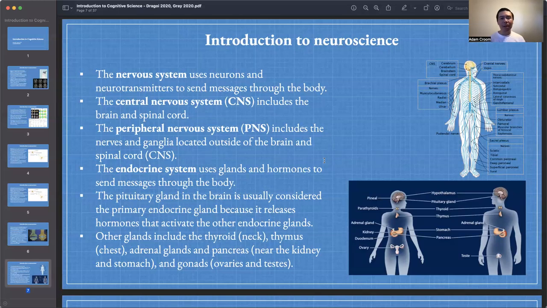So we'll see that the human body is an amazingly integrated and complex system, right? With different aspects of the nervous system. We have a nervous and an endocrine system. We use electrical information as well as chemical information.